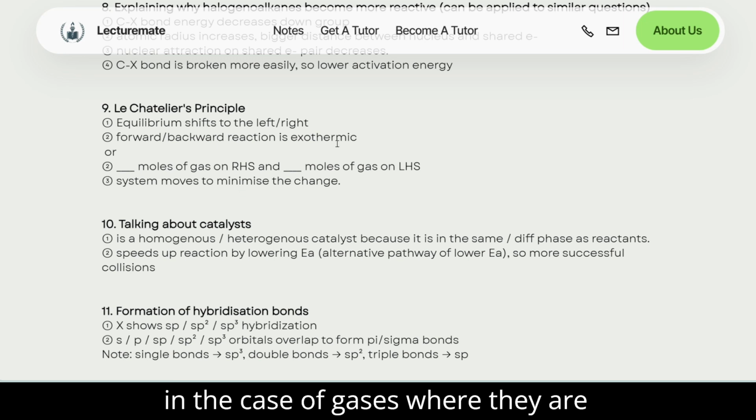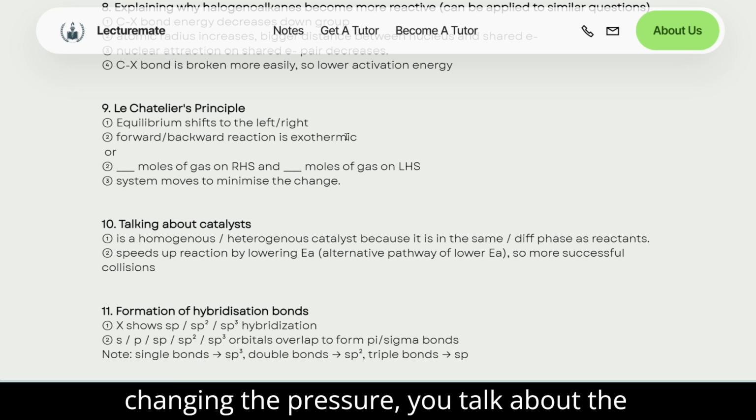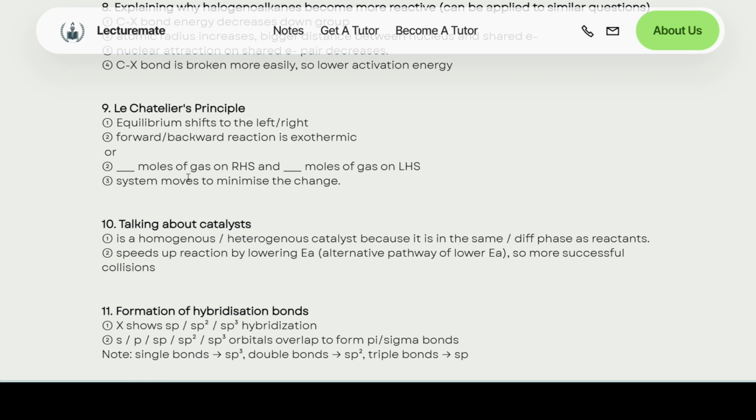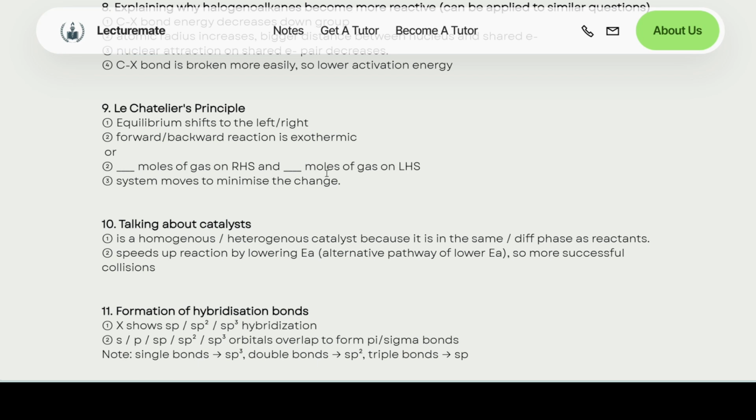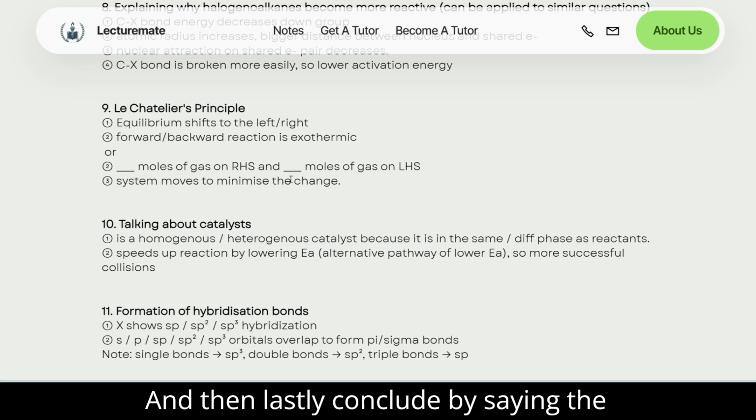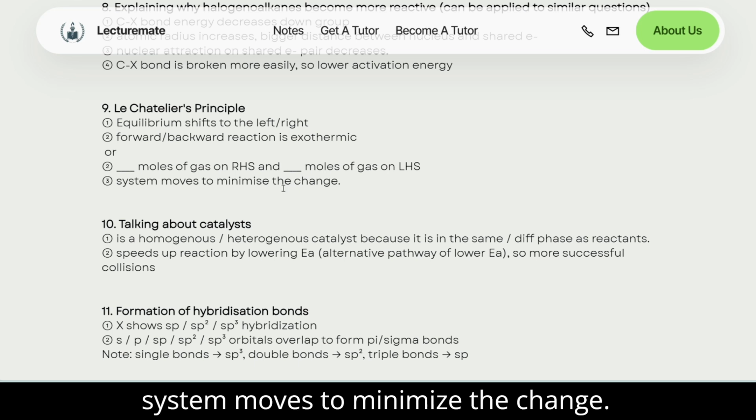In the case of gases where they are changing the pressure, you talk about the number of moles of gas on the right hand side or the left hand side. And then lastly, you conclude by saying the system moves to minimize the change.